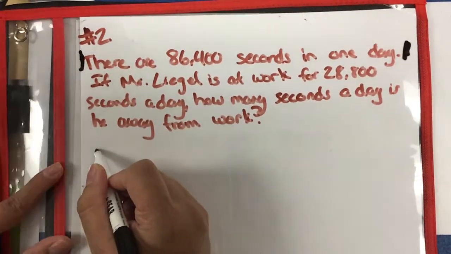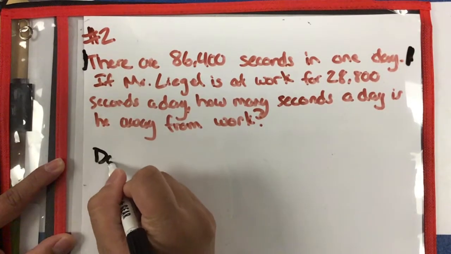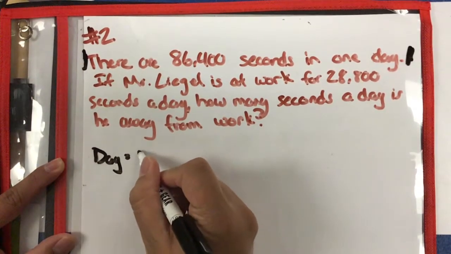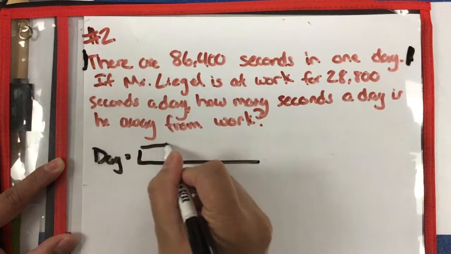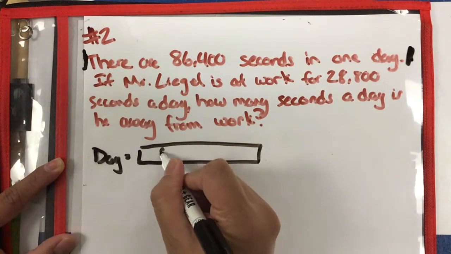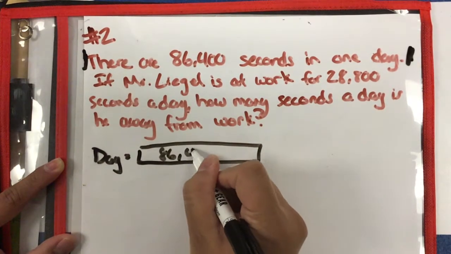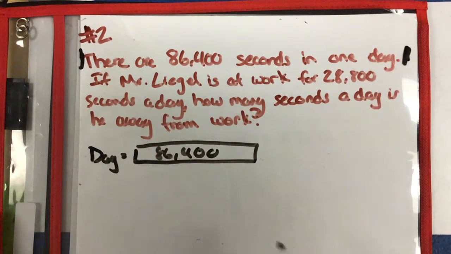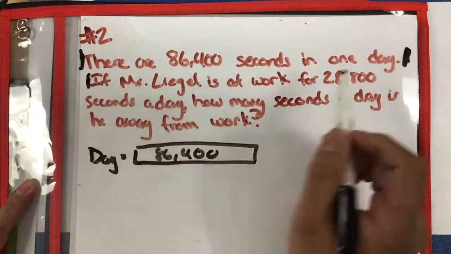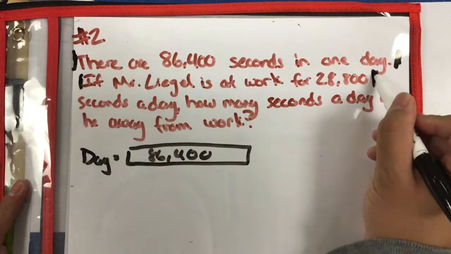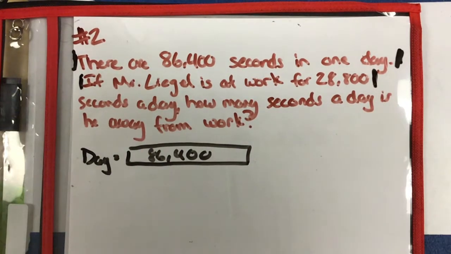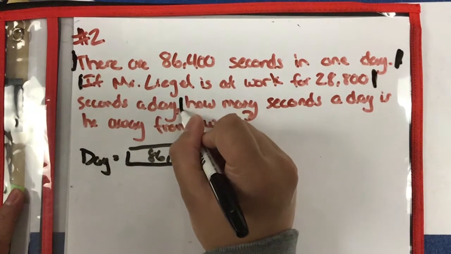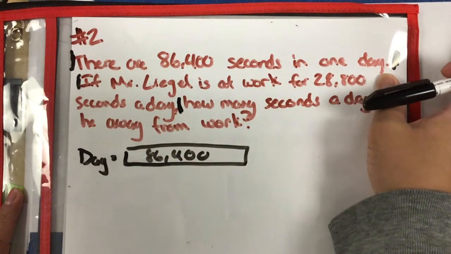So we are going to draw our whole day. So I'm going to draw a day. And I'm going to draw all of this, and this is going to be 86,400. Okay? Now it says, if Mr. Ligel is at work for 28,800 seconds in a day, oops, I'm not going to draw right there.